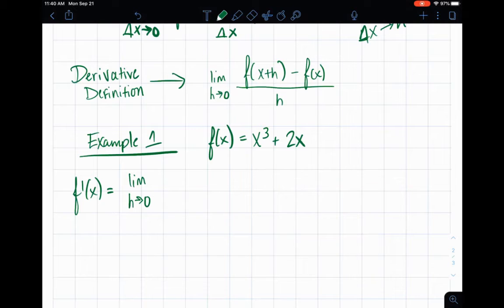If we're doing f of x plus h, this is composition of functions. We're going to take x plus h and put it where x is in our function. So we have x cubed plus 2x, and we're going to replace it with x plus h, cubed, plus 2 times x plus h.